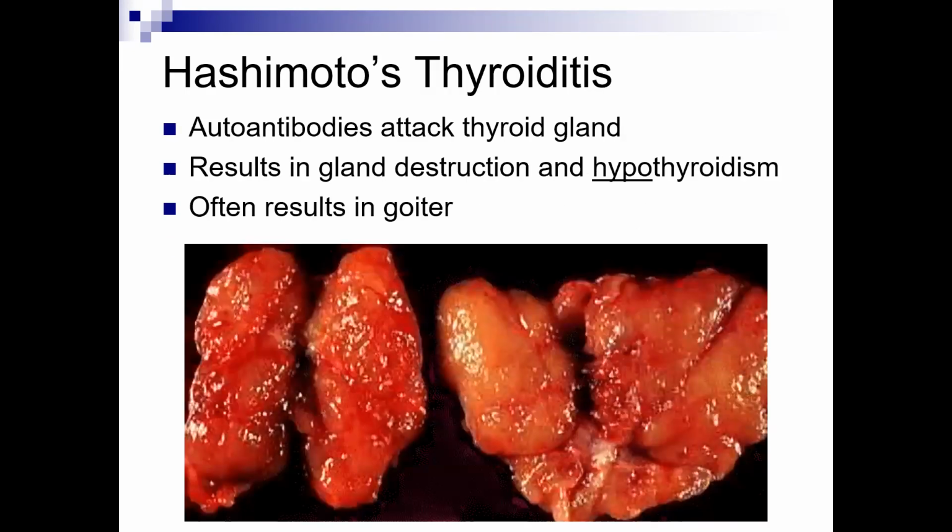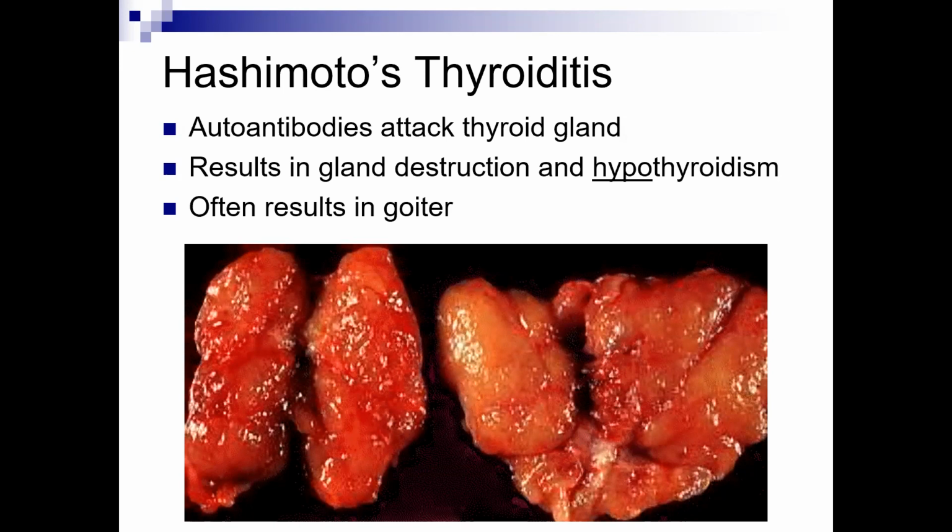We have Hashimoto's thyroiditis. So autoantibodies attack the thyroid gland, which results in that destruction of the thyroid, which causes hypothyroidism, so lowered thyroid function. This often results in a goiter, which is that growth in the neck.